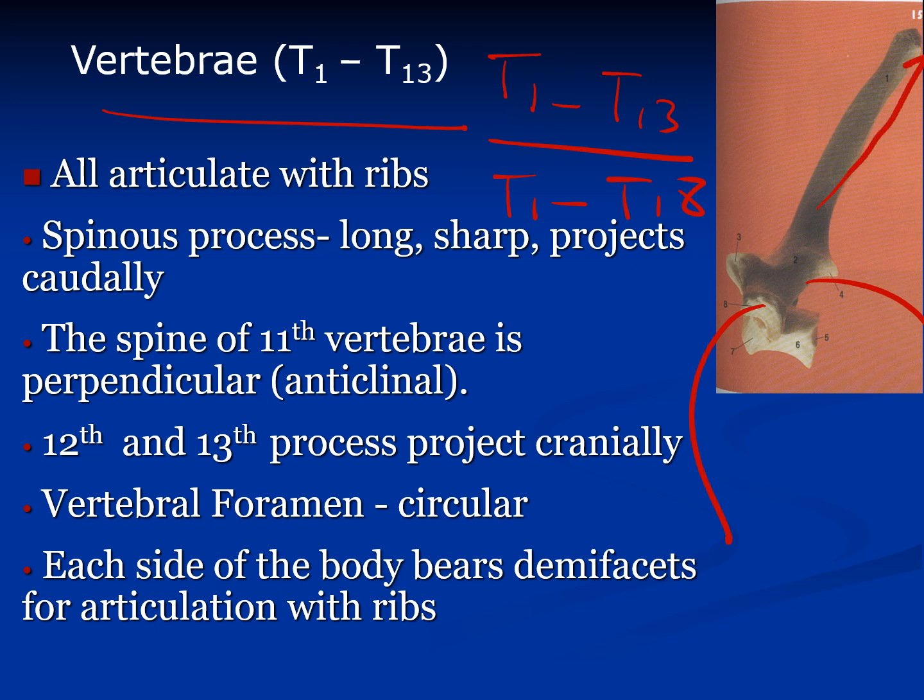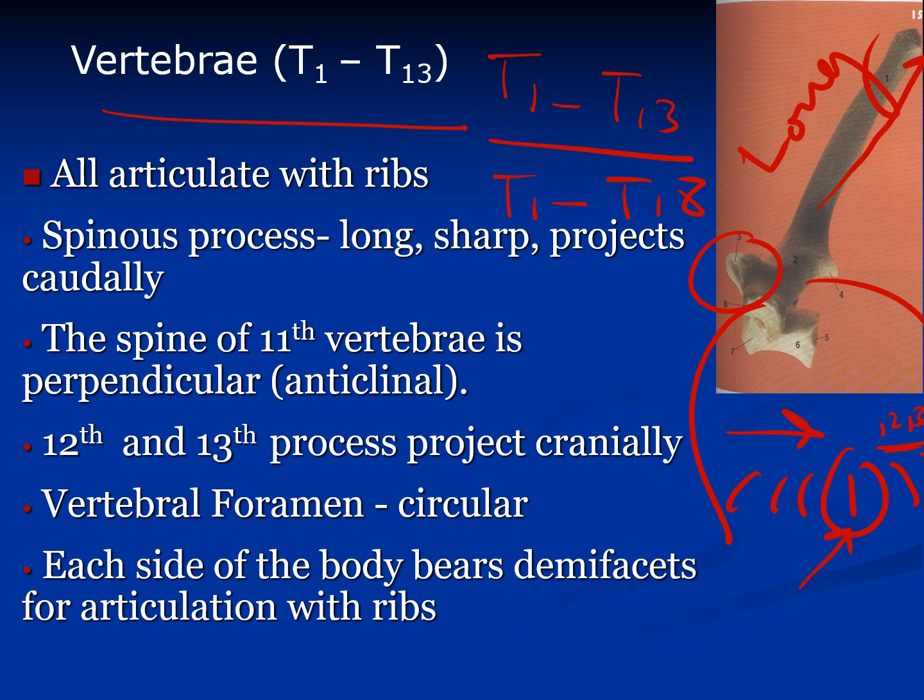The most prominent feature is that they have long spinous processes and short transverse processes. Usually the spinous processes project caudally, except for number 11, which is perpendicular, and numbers 12 and 13 in dogs, which project cranially.